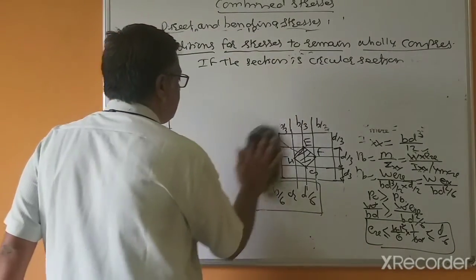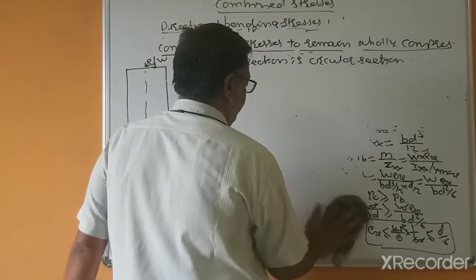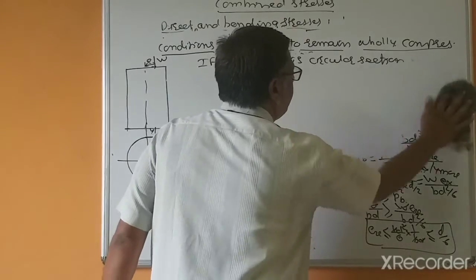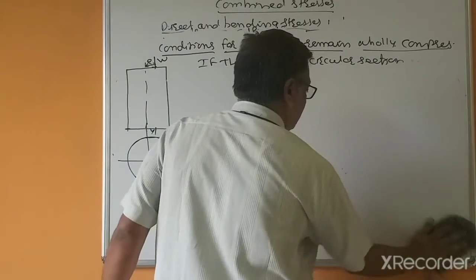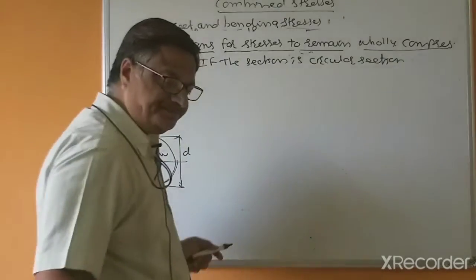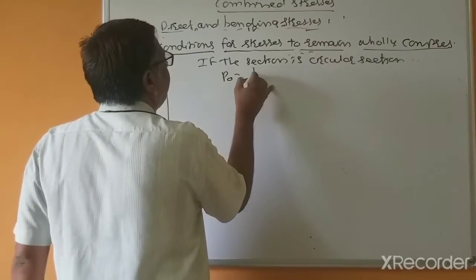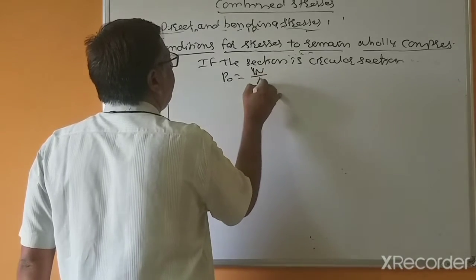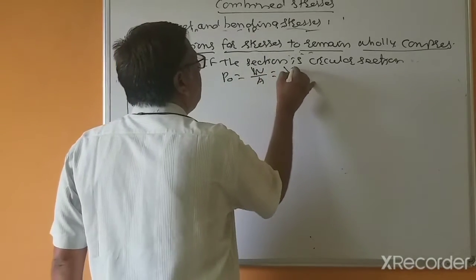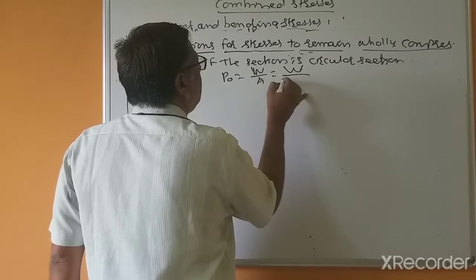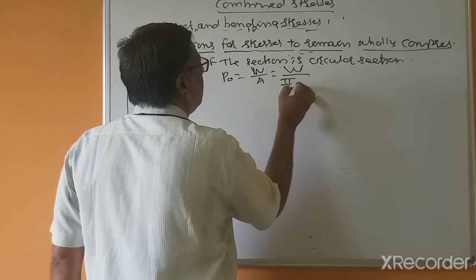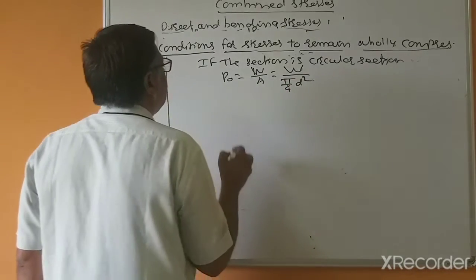In this case, direct stress equals W by A, so W divided by A means pi by 4 D squared.